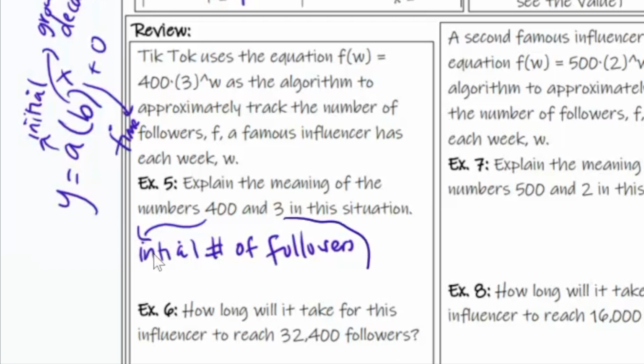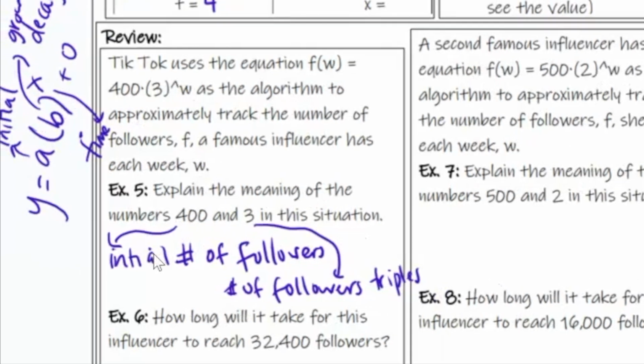All right, 3 is the number of followers, you can say grows, you can say triples, whatever you want to do. Okay, so triples by what? Every what? Each week. So the number of followers triples each week. So you just have to use the context of the problem in order to define it.